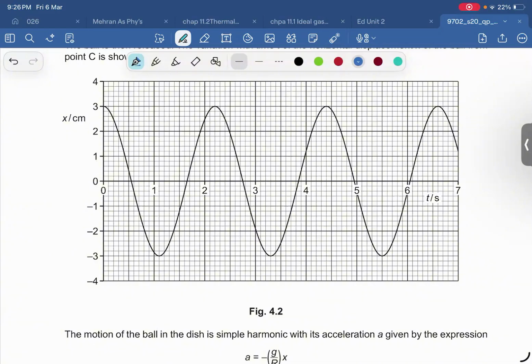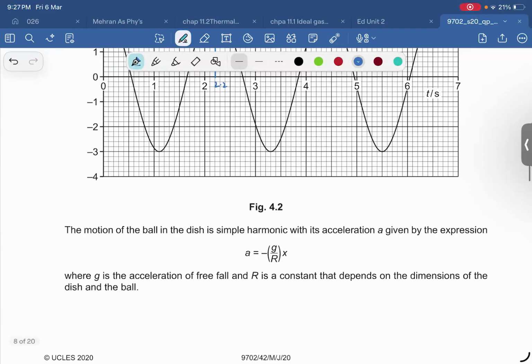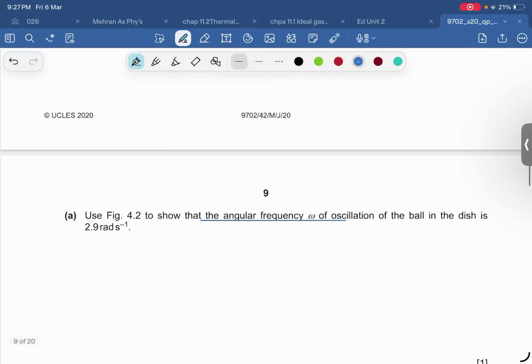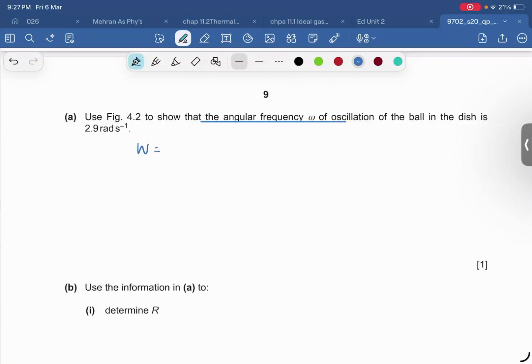So the time period is going to be 2.2, and omega is 2 pi by T. Very good.